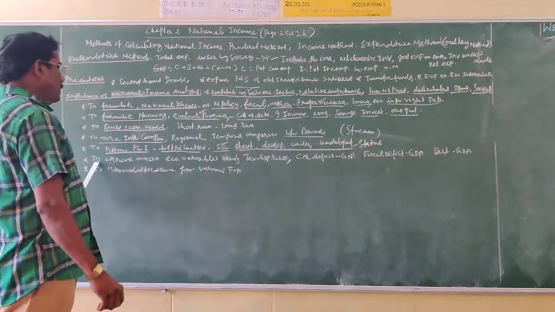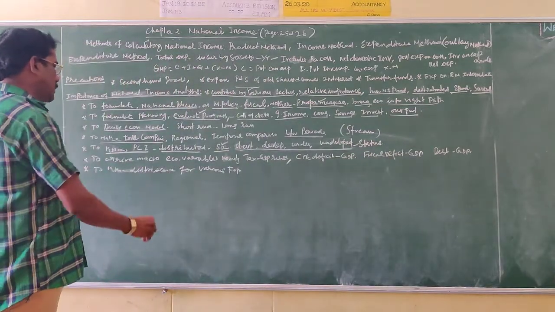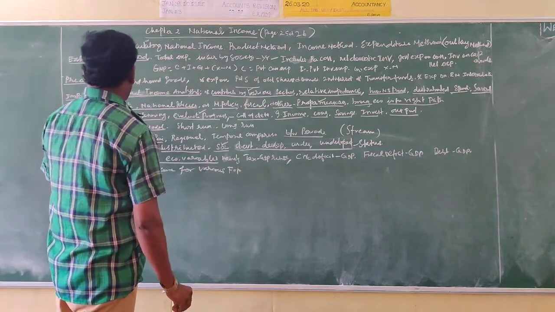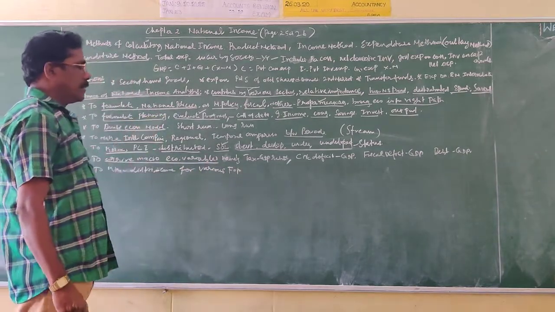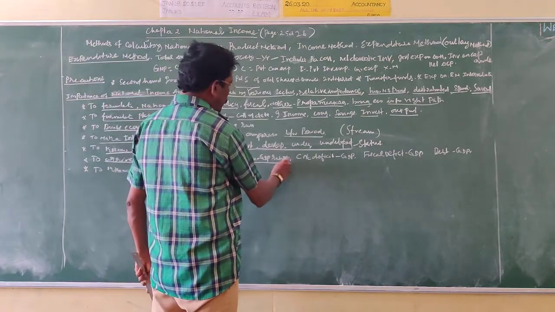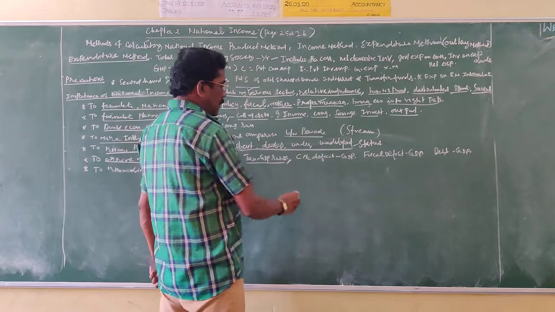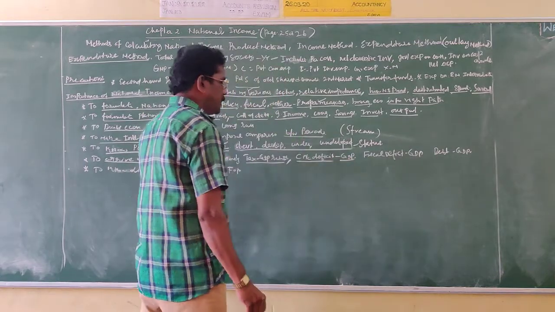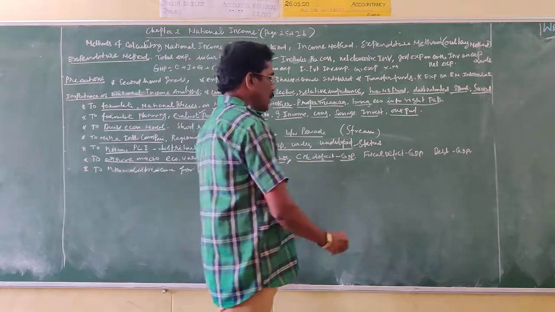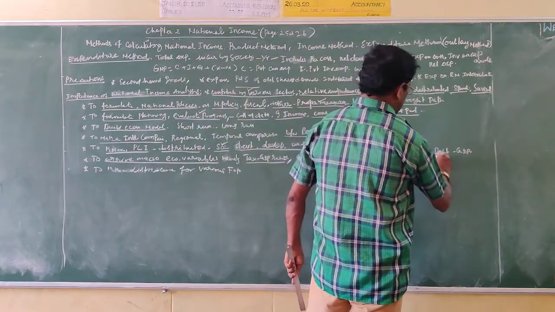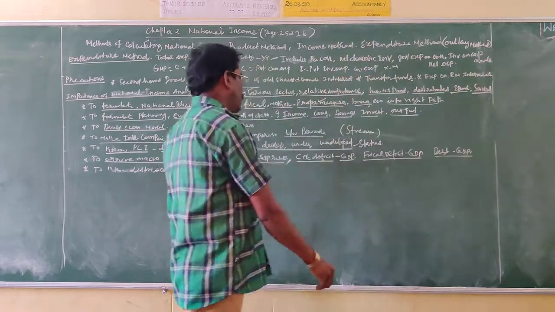Then, to arrive at the macroeconomic analysis, the study of national income is very important. Namely, tax GDP ratio, then current account deficit GDP ratio, fiscal deficit GDP ratio, debt GDP ratio.